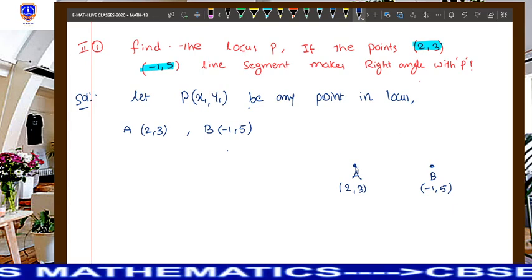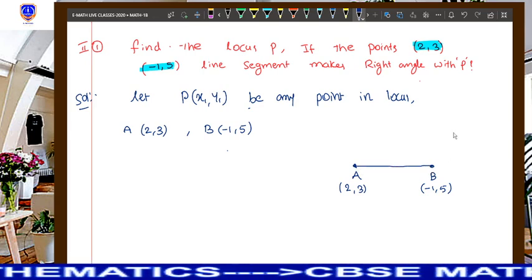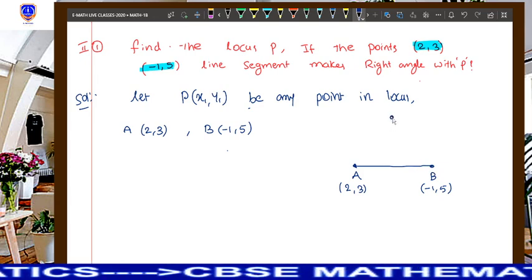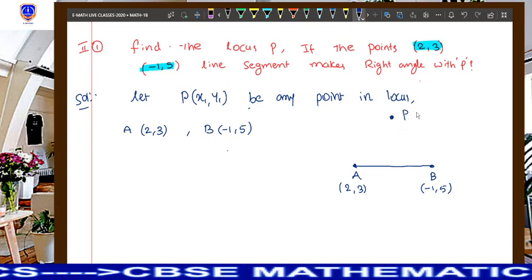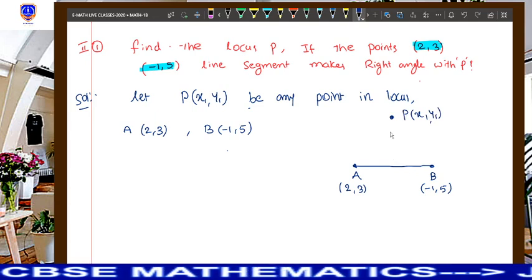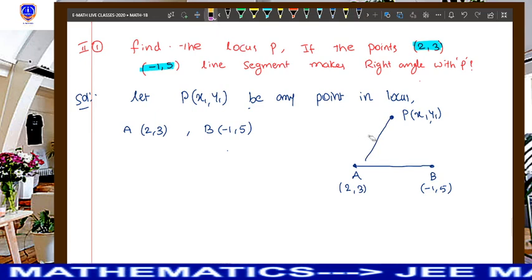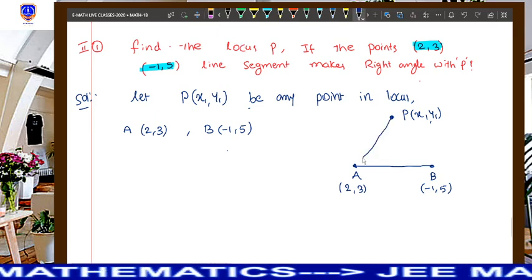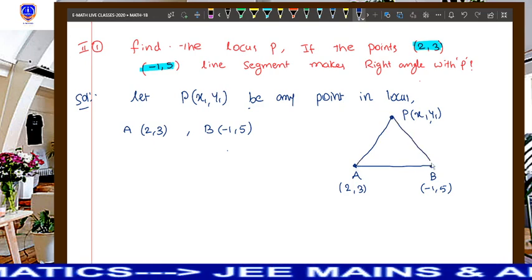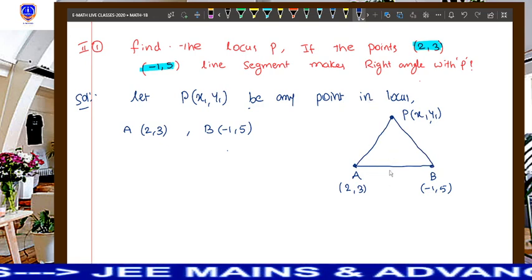Create a line segment by joining these 2 points like this, and we have to create a locus point somewhere here, P, which is (x1, y1), and join these points, PA and PB like this. Okay, PA and PB.